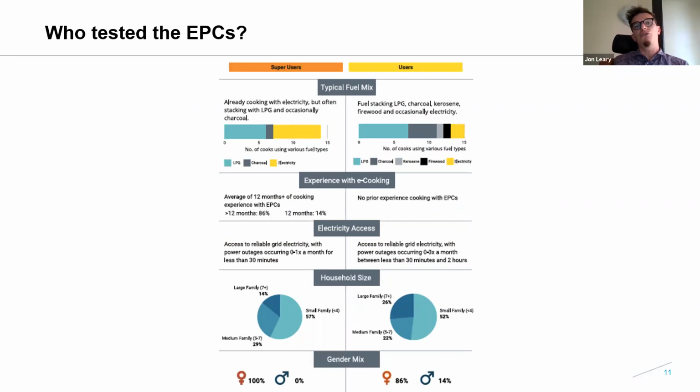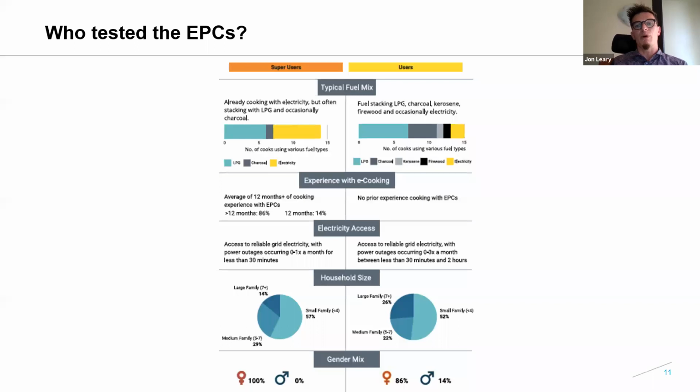So these two groups of participants in the study, the super users, are people who are typically already cooking with electricity as their primary fuel, either that or gas, and stacking those two fuels together. Whereas the users were using more of a blend of different fuels, charcoal, kerosene, firewood, as well as LPG and electricity.